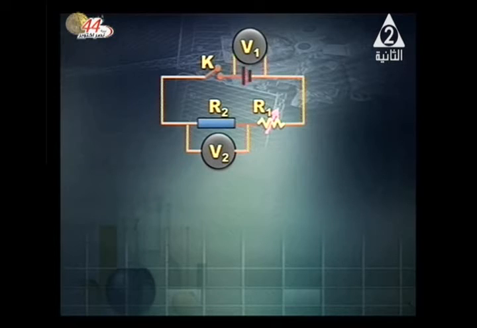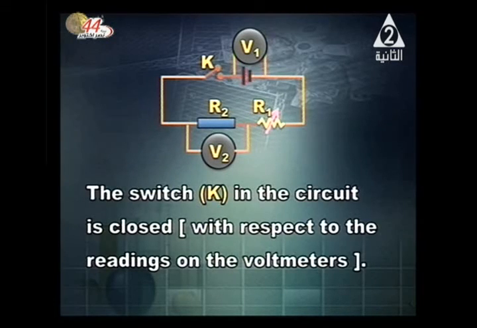V2 measures the voltage across R2, and the circuit is open. So V1 now is maximum, and it is equal to the EMF of the cell, but V2 is now equal to 0. What happens when the switch in the circuit shown in front of you is closed with respect to the readings on the 2 voltmeters?